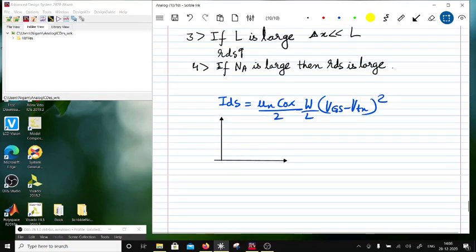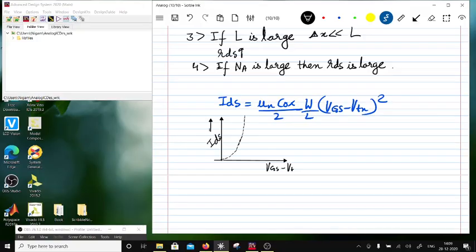Okay, so if I was to plot IDS versus VGS minus VT, then this would be a parabola like this.